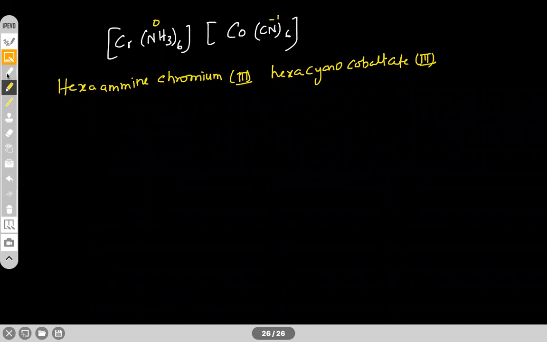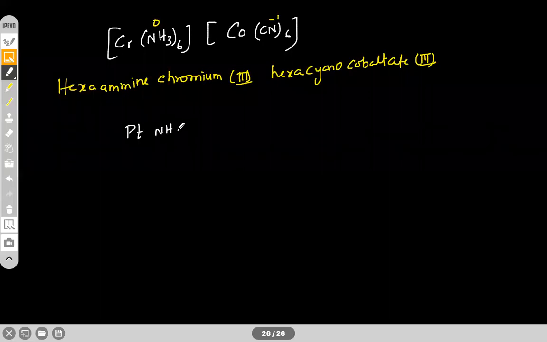Try this one more, I'll just give you: [Pt(NH3)4] and [CuCl4].